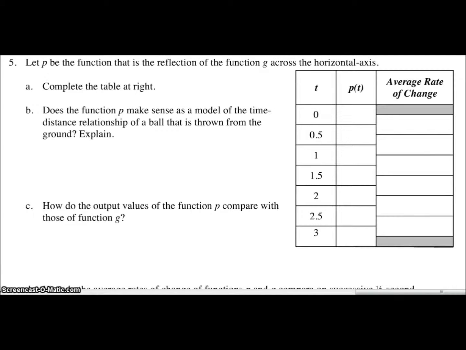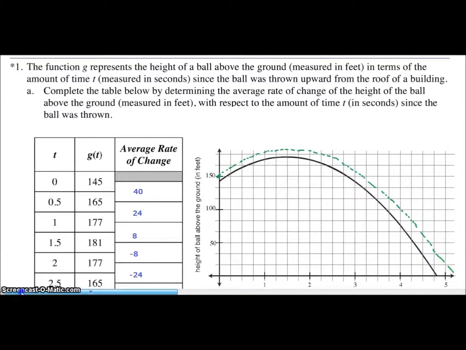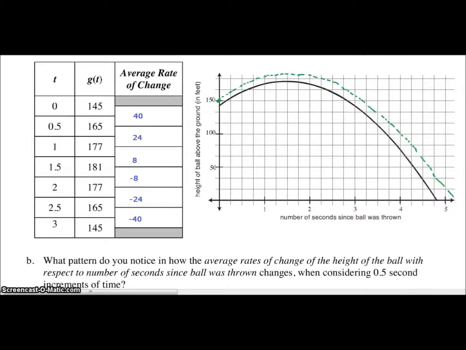Let p be the function that is the reflection of the function g across the horizontal axis. Complete the table at right. So if we go back and take g and we reflect it across the horizontal axis, that would mean that we have something like this.